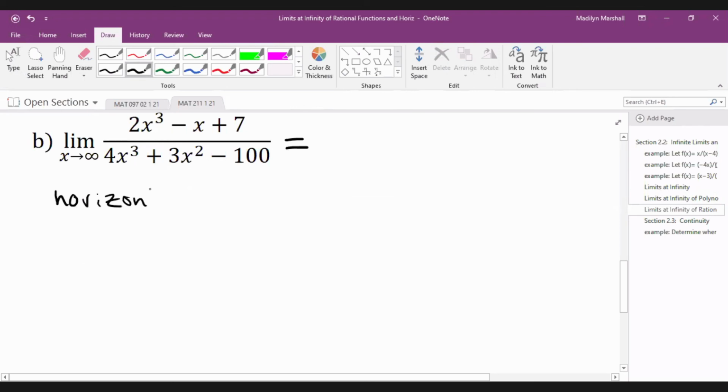So in this case, what would the horizontal asymptote be from this function?